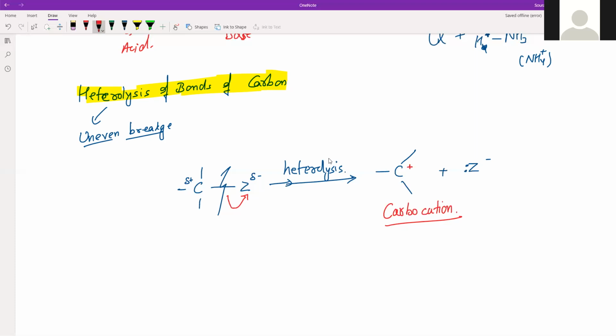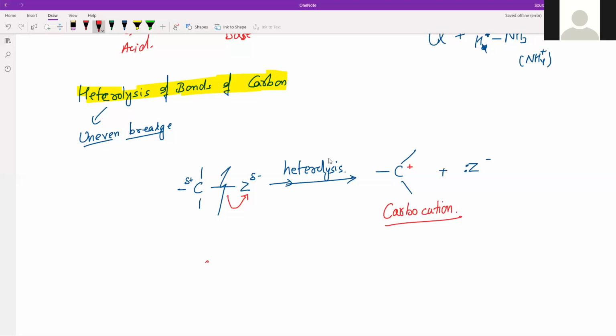The positive charge is on C. And that's how it is called a carbocation, because there are two possibilities, whether it will get a positive charge or a negative charge, and if it is getting a positive charge, we say that it is a carbocation. So what happens here is, as you can see, that it has lost its electron. So there is a slight development of positive charge on this.